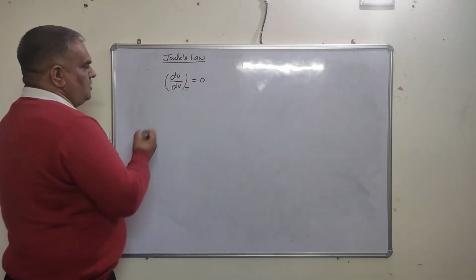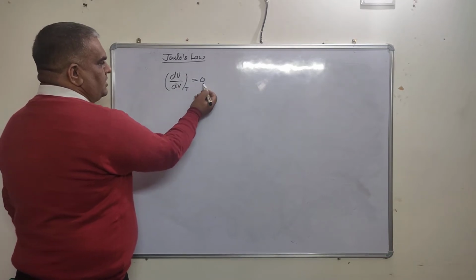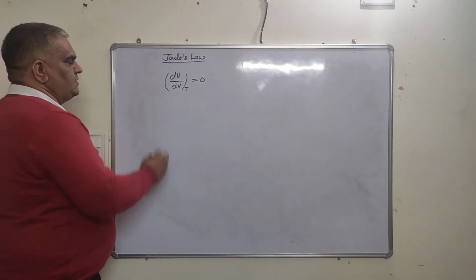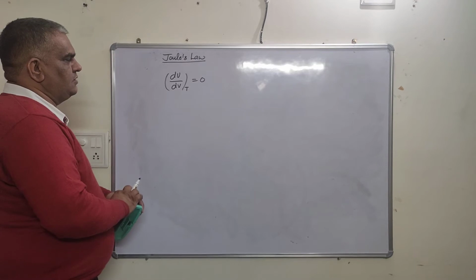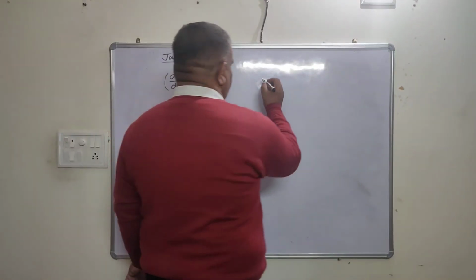This is Joule's law. The change in internal energy of an ideal gas with respect to volume at constant temperature equals 0, and the value of this can be calculated with the help of the Joule law experiment. This is the Joule law experiment.